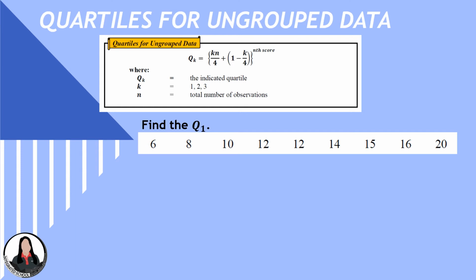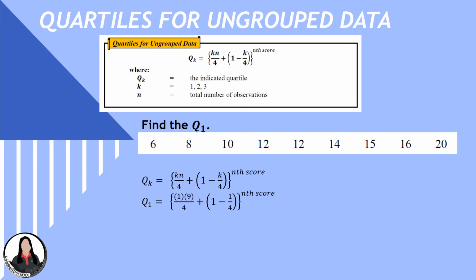Okay? So let us use our formula. Q sub k equals kn over 4 plus 1 minus k over 4 nth score of the distribution. So let us substitute the values. Our k, since siya ay Q sub 1, so that is 1. And then our value for n is 9, since ang number of observations natin or yung score sa ating distribution is 9.